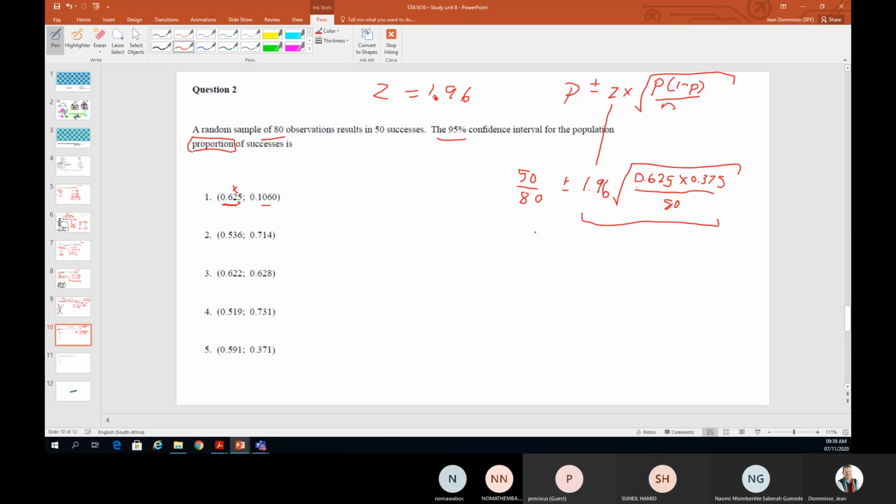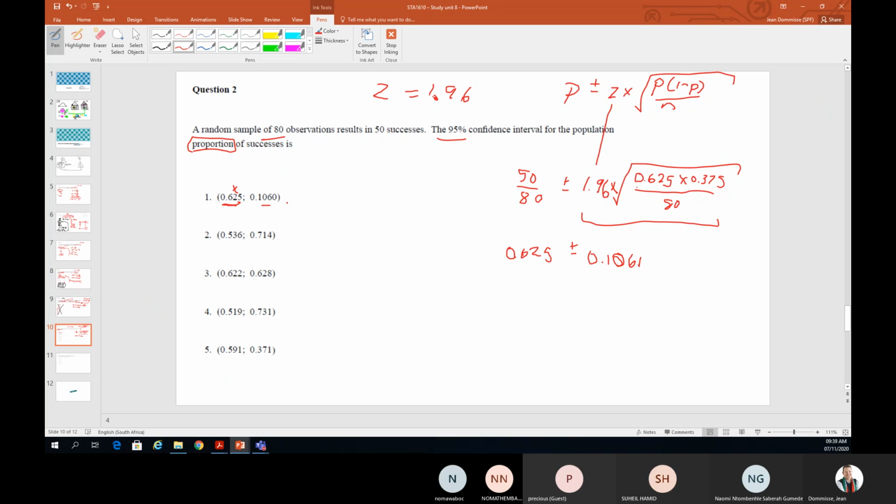Okay, so it was actually 0,625 plus minus 0,1061. They say 60. That's not going to make a big difference at the end.